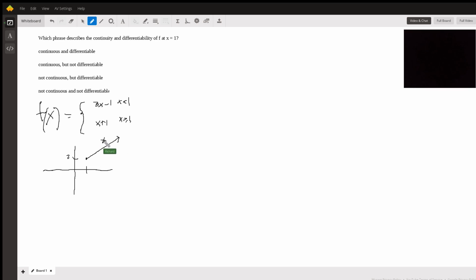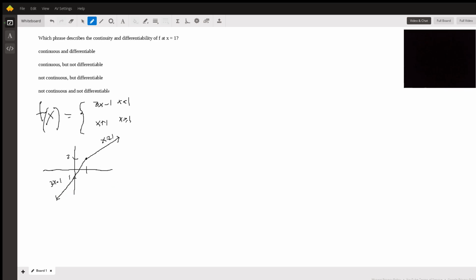So that's the x plus 1 graph. And then when x is less than 1, when x is 0, y is negative 1 here. So put a negative 1 here. And then this graph is going to go down like this. I'm sorry, that's 3x minus 1.